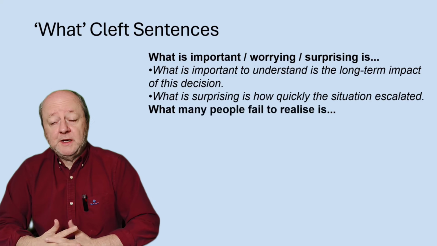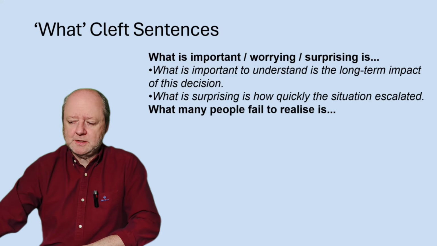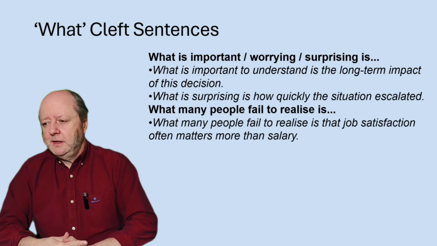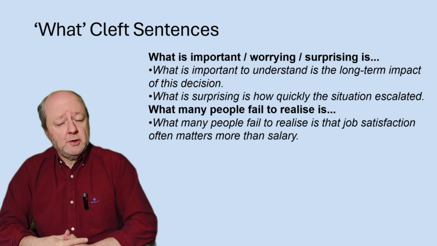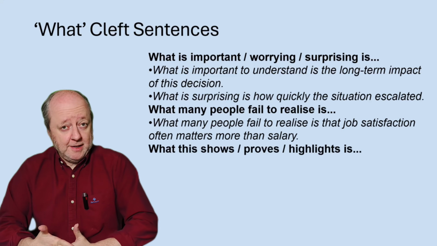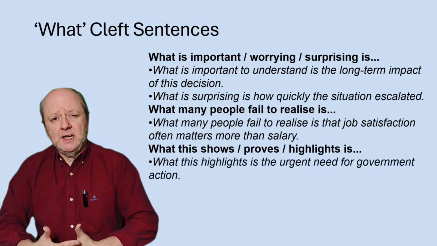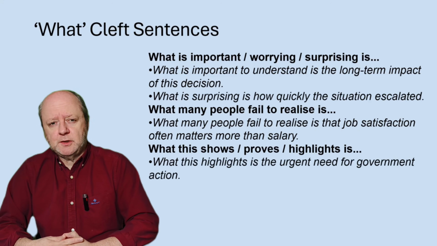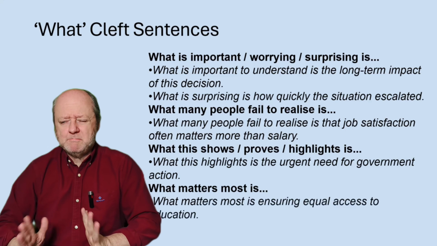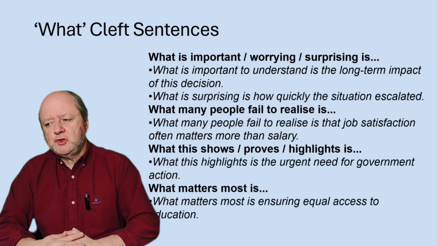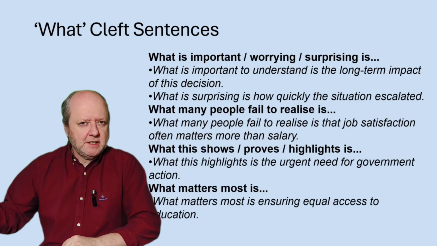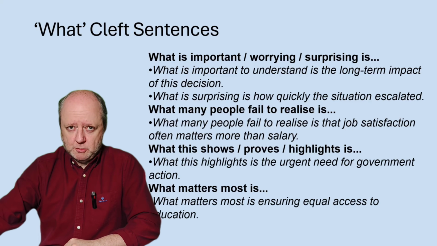What many people fail to realize is, you hear this a lot, what many people fail to realize is that job satisfaction often matters more than salary. What this shows, proves, or highlights is, what this highlights is the urgent need for government action. What matters most is ensuring equal access to education. What cleft sentences emphasize your main point.